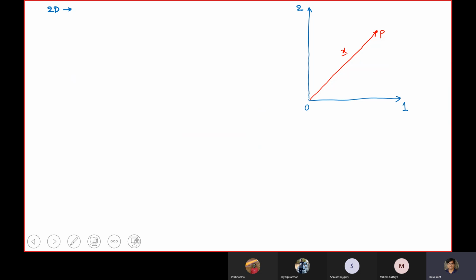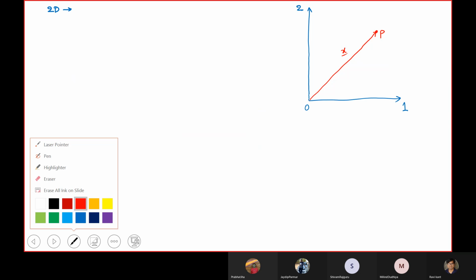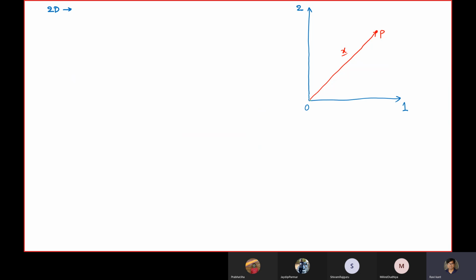Now I want to rotate this by some angle alpha 11. So now the two axes will also be rotated. So this is my 1', this is my 2'.